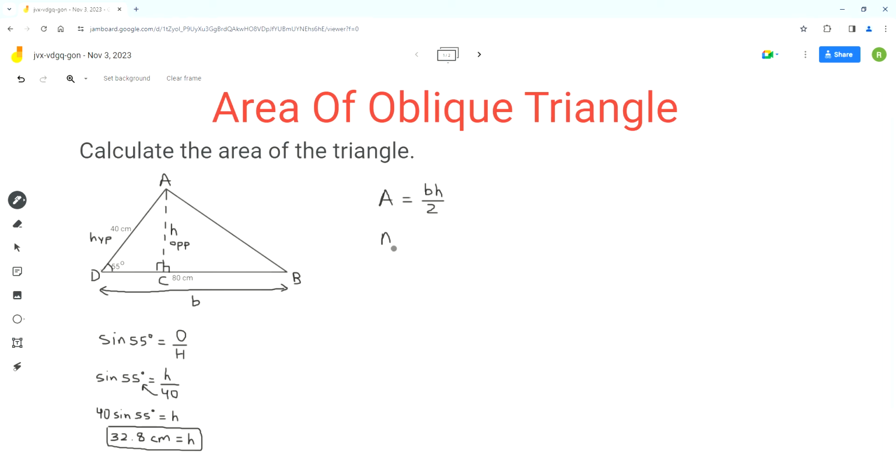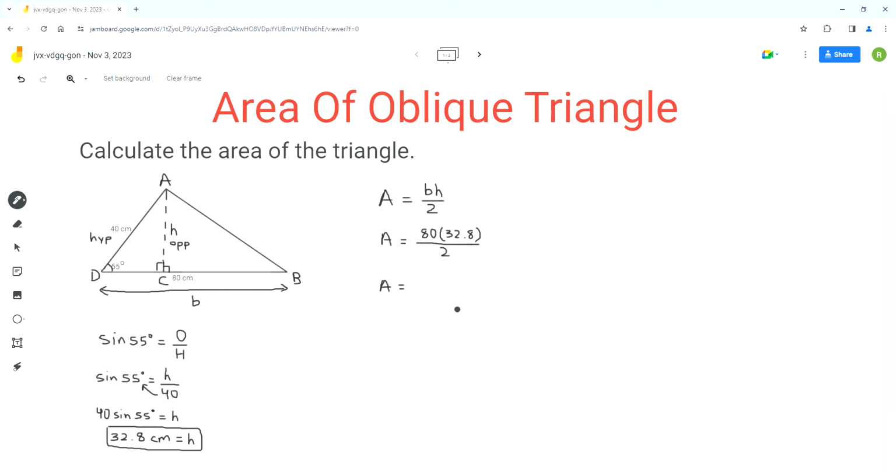So now we can sub in these values in the formula. So we already know that the base length is 80 centimeter. So that's the side BD times the height, which we just calculated as 32.8, and divided by 2. Now we can simplify and evaluate this expression.